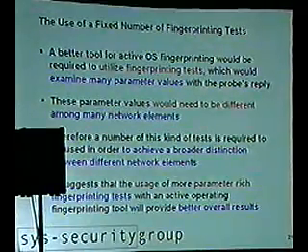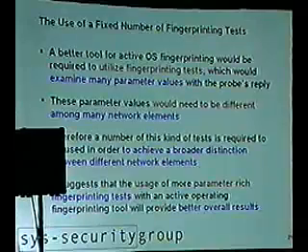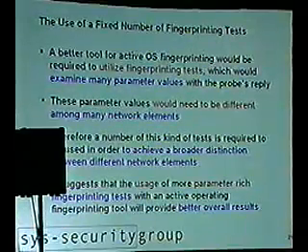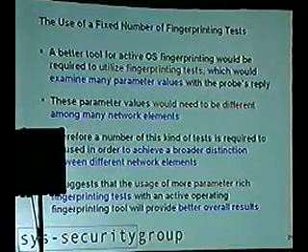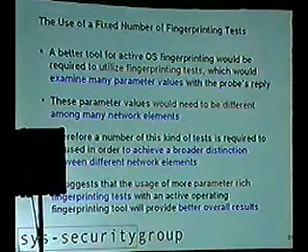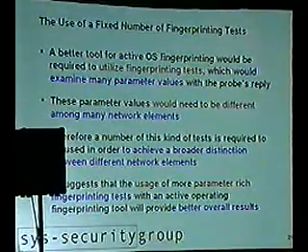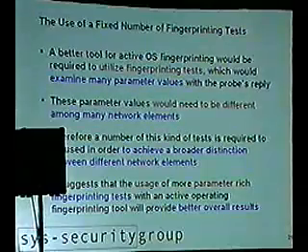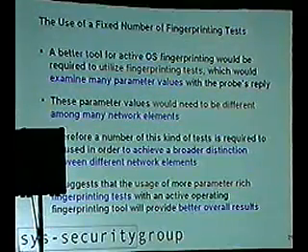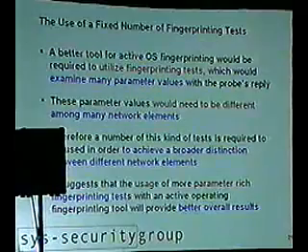This also means that if you want to have a better tool for active OS fingerprinting, you should use a lot of fingerprinting tests that will examine many parameter values. The parameter values should be different among the many operating systems that you're going to test. So we were going through a phase of trying to determine which other fingerprinting models we need.